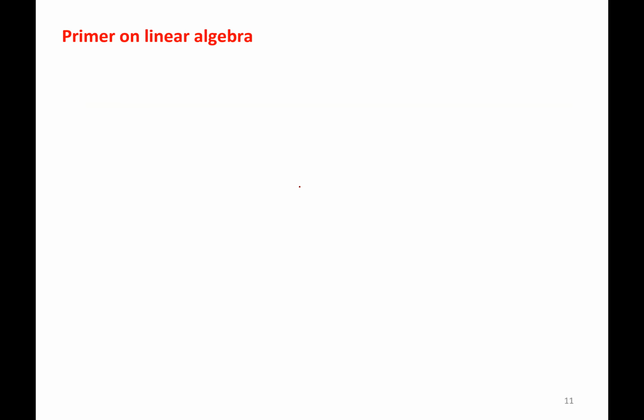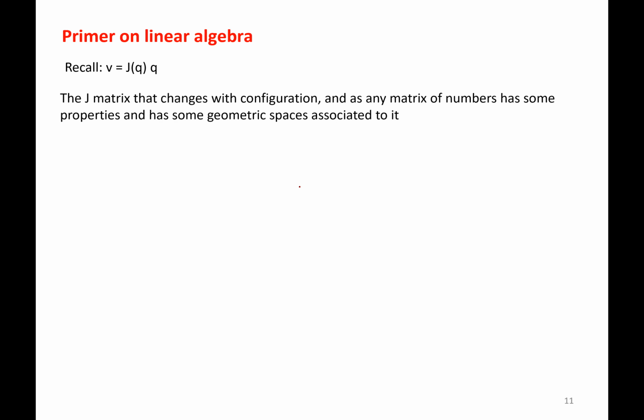Because it's useful to analyze redundancy and singularity, we want to recall some concepts about linear algebra related to the Jacobian matrix, because everything in essence can be described given the Jacobian matrix in a certain configuration.